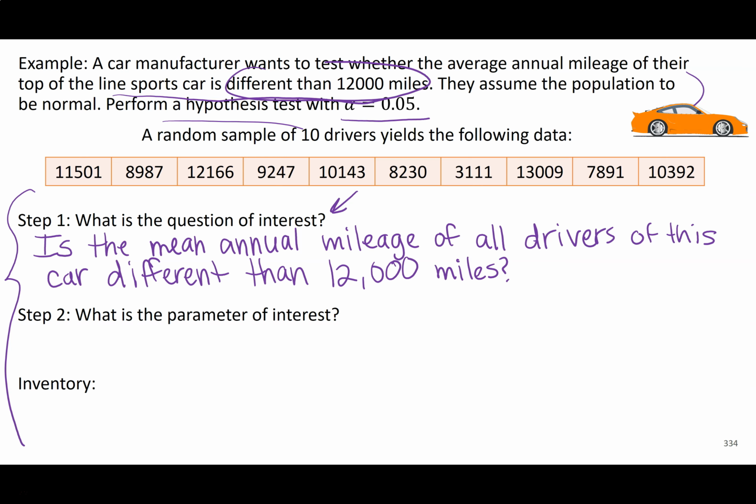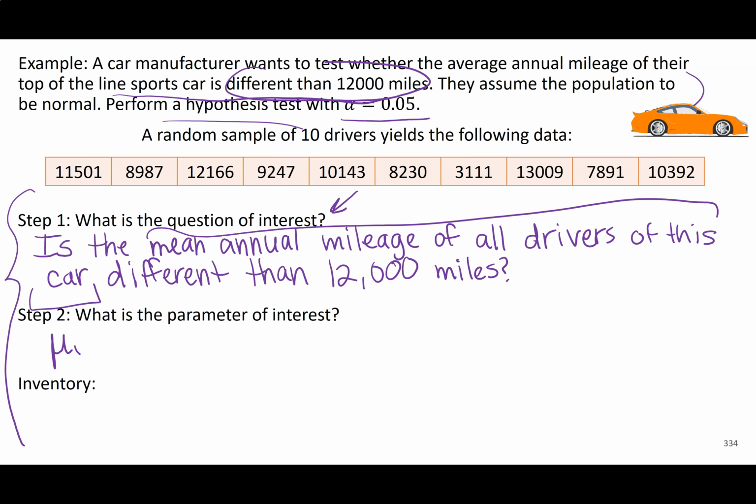What's great is if you set step 1 up correctly, once again, your parameter is just hanging out in the middle of that sentence. The mean annual mileage of all drivers of this car. The parameter hasn't changed from when we were doing the confidence interval. It's the same parameter.